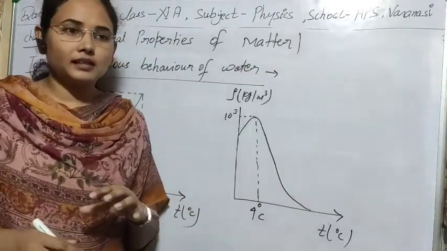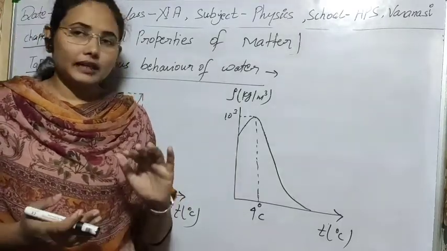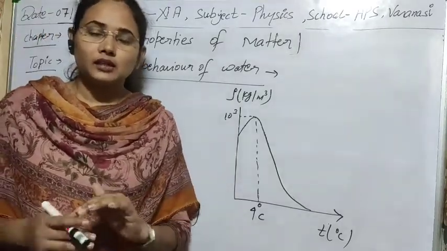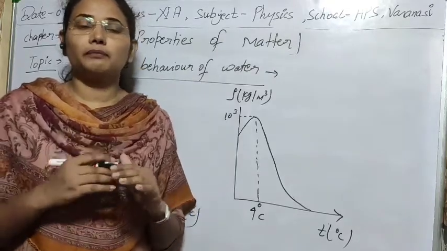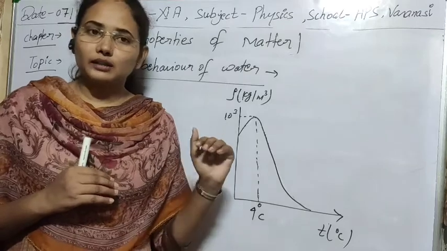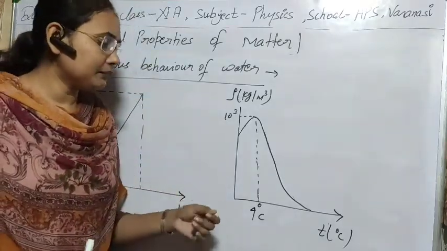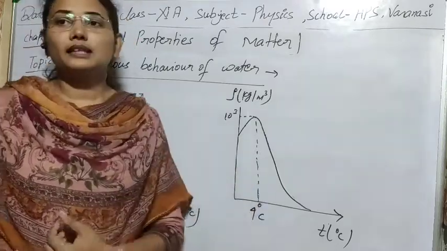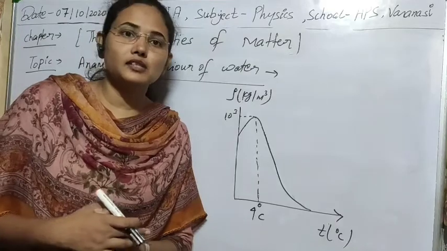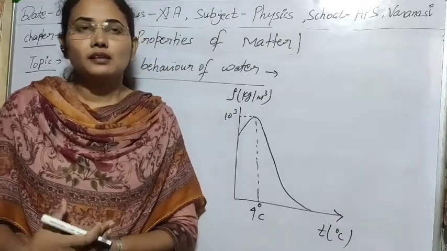In winter season, when the temperature of the surroundings decreases, the temperature of water in the lake also decreases. With decrease in temperature there will be an increase in density, and when it reaches 4 degrees Celsius, it becomes maximum dense.